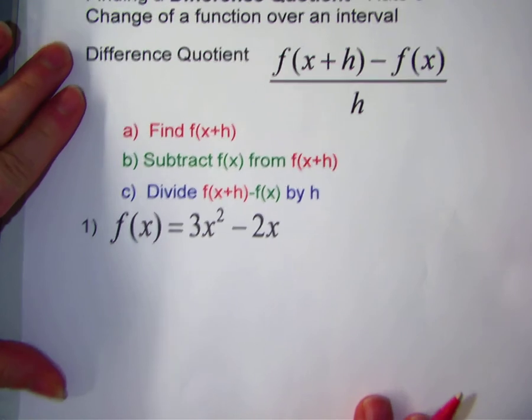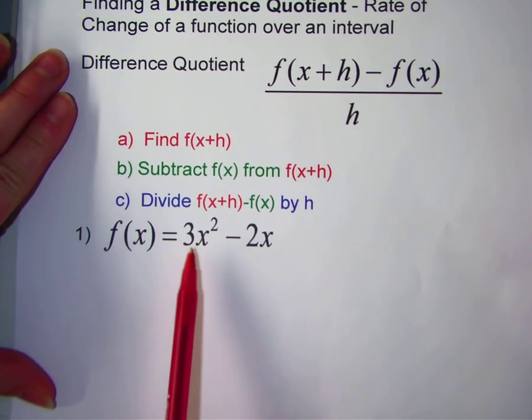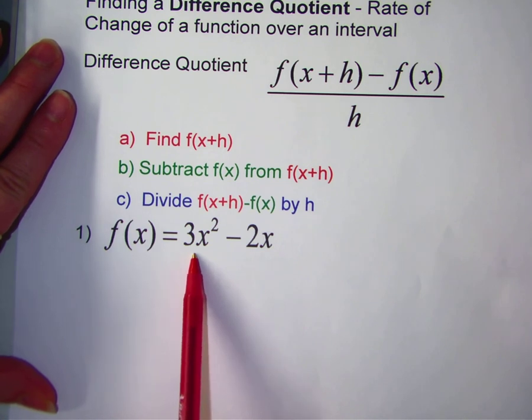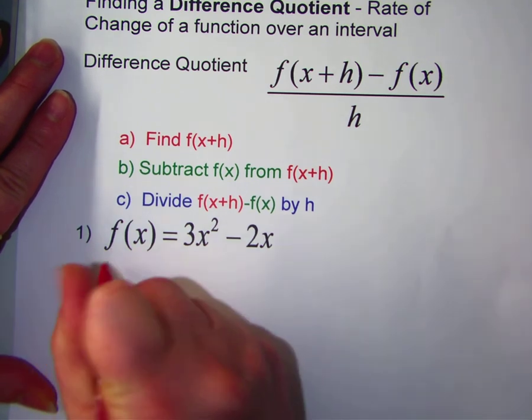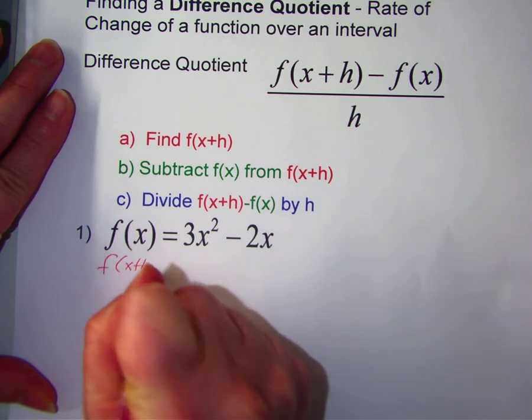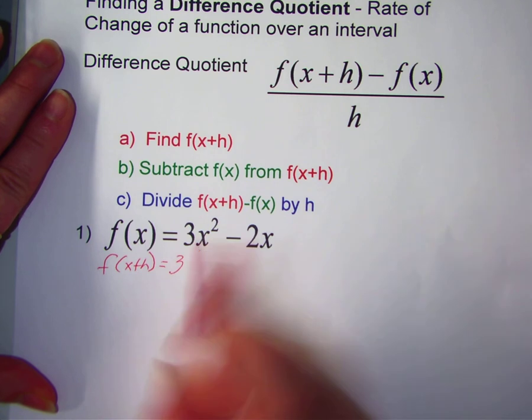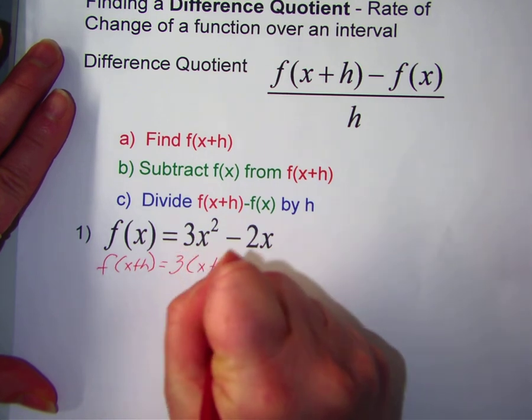I am going to take this function, and I'm going to substitute x plus h anywhere I see an x. So, f of x plus h equals 3 times, instead of x, I'm going to put x plus h.